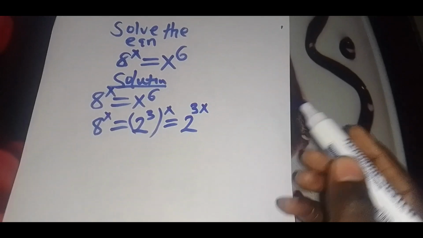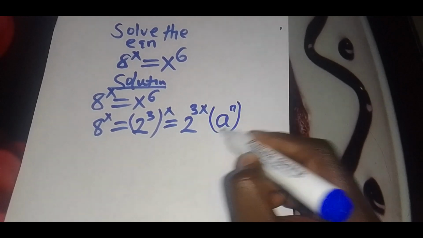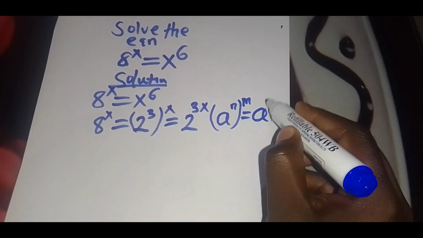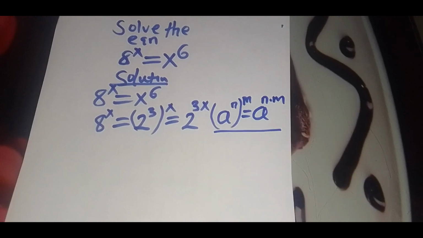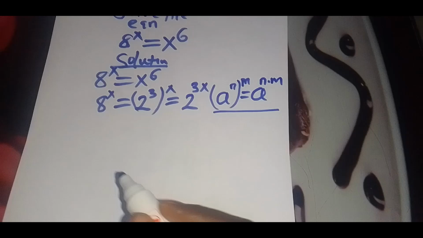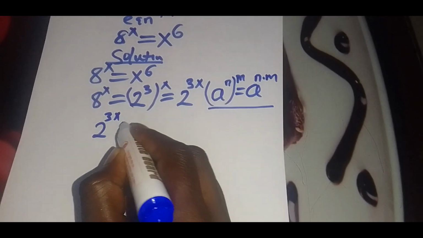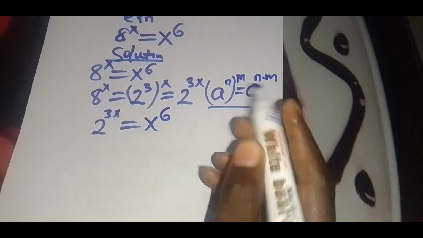This is given that if you have a raised to power n multiplied by m, this can be expressed as a to the n times m. So we use this identity, and now we simplify and have 2 raised to power 3x equal to x raised to power 6.